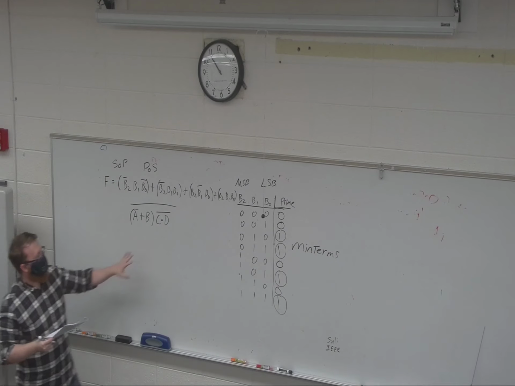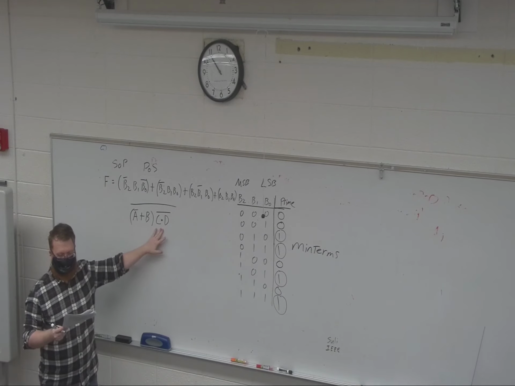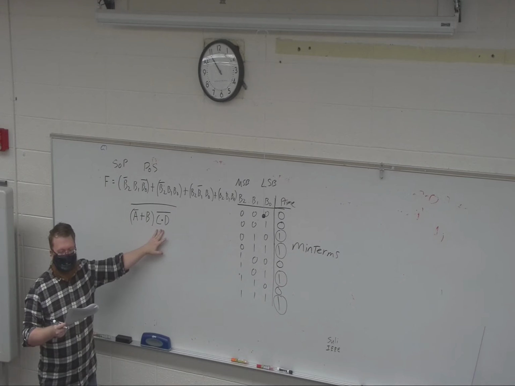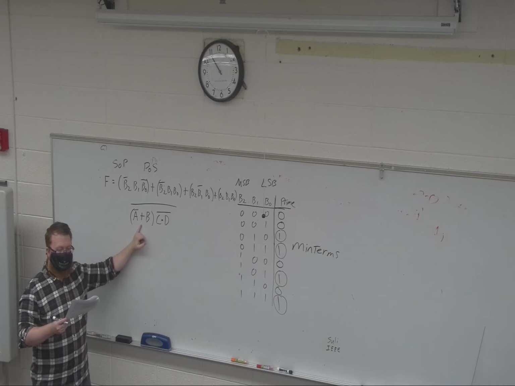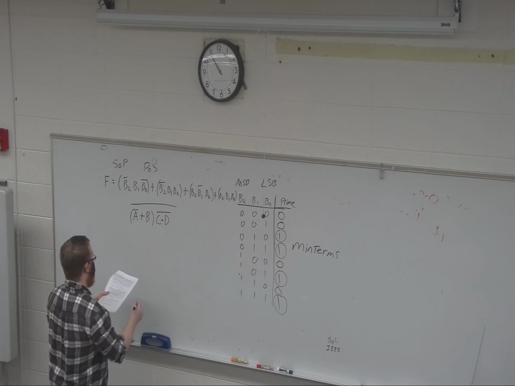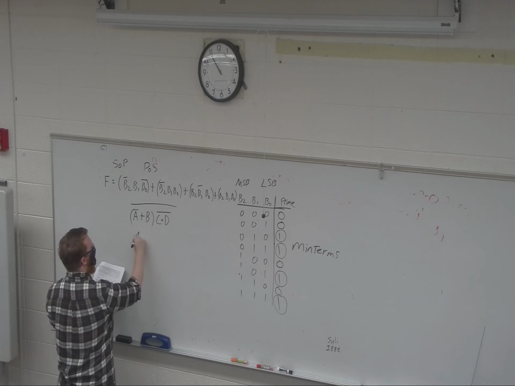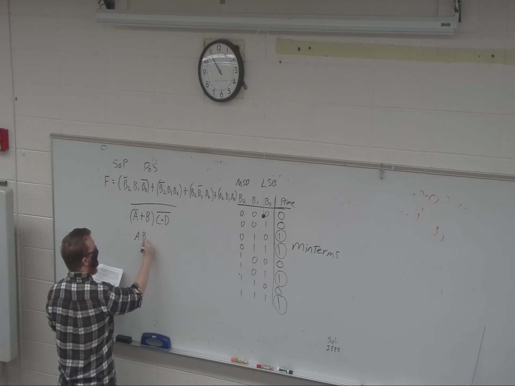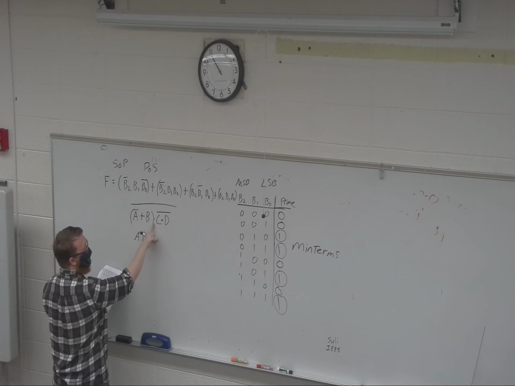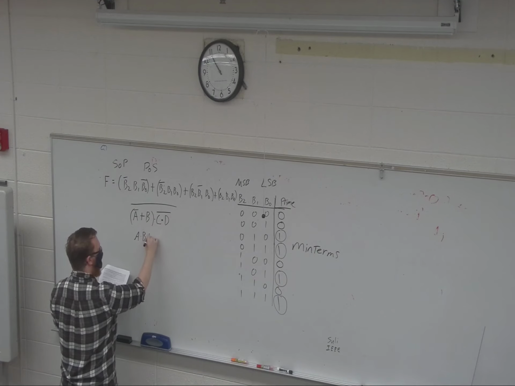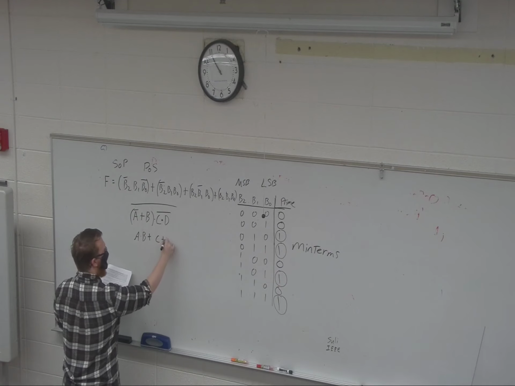That's because we don't want to forget that it exists. The next thing that we're going to do is we're going to go ahead and look at this, and we're going to exchange any ands for ors and any ors for ands. So what we end up with is A and B. This is an and, right? So we end up with or C or D.